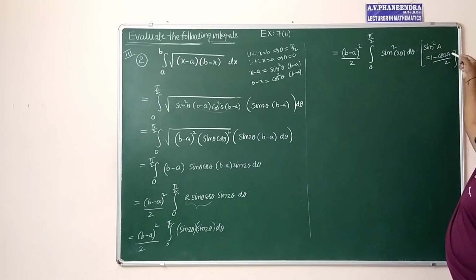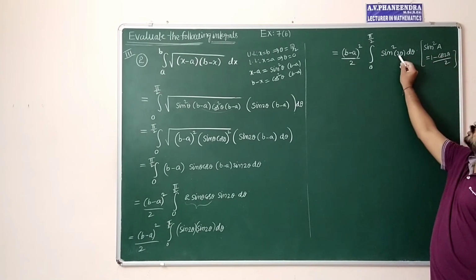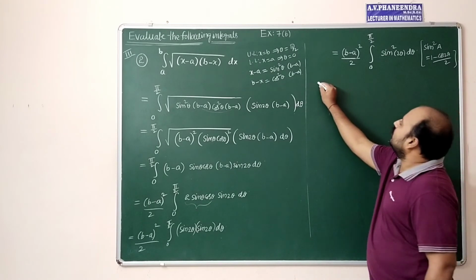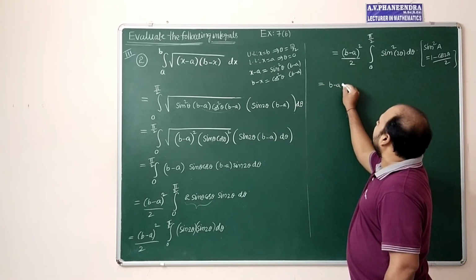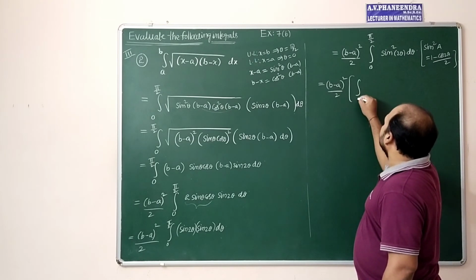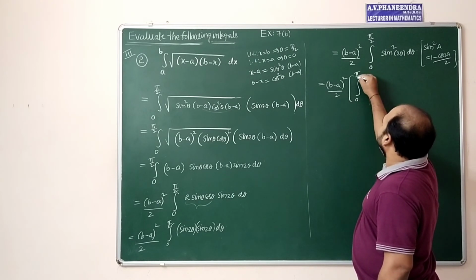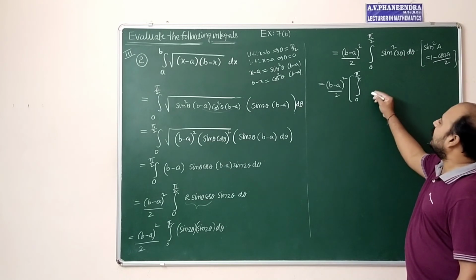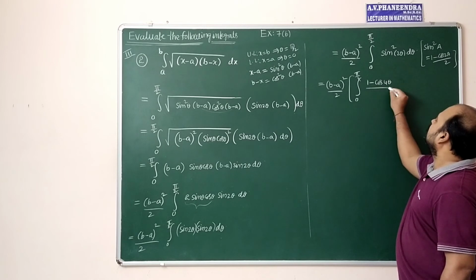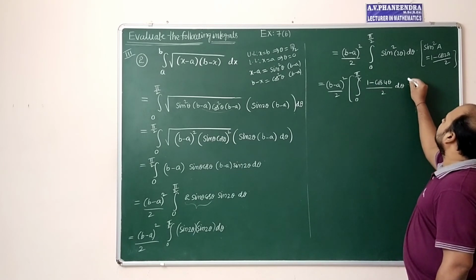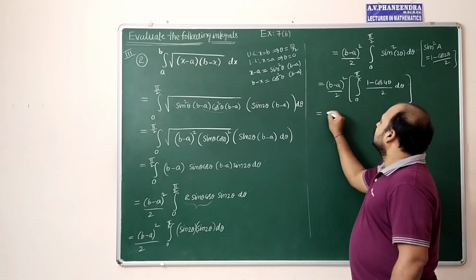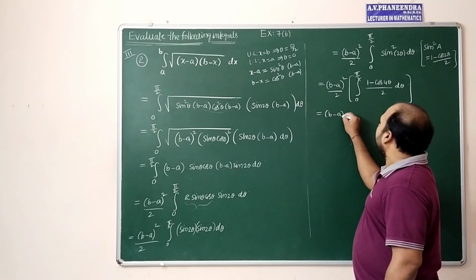Here a is 2 theta, so twice the angle we get 4 theta. So now b minus a whole square divided by 2, bracket, integral 0 to pi by 2 sin square 2 theta is 1 minus cos 4 theta divided by 2 into d theta. So the 2 constant we can take outside, it will become 4. So b minus a whole square divided by 4.